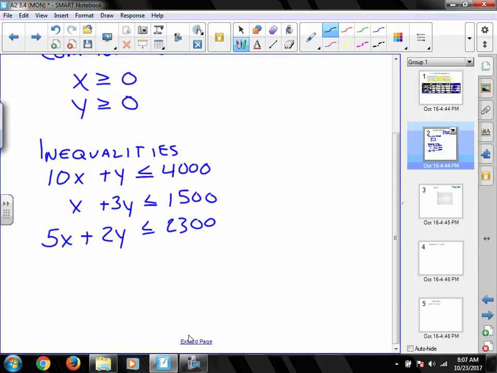We know that our x-intercept and our y-intercept. x-intercept here, I know that y is 0, so I get that 10x is going to equal 4,000, or x is going to be 400. y-intercept, I know that x is equal to 0, so I get that y is equal to 4,000.